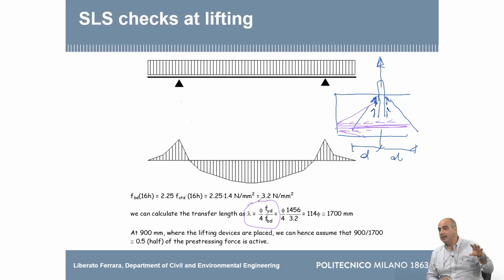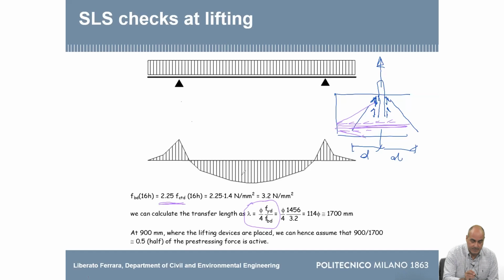The bond strength is something that you can measure, but it's also something that at this stage you need to calculate. You have a formula, which is this one. It's related to the tensile strength of the material.